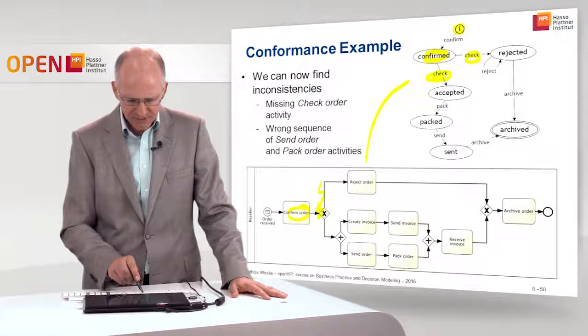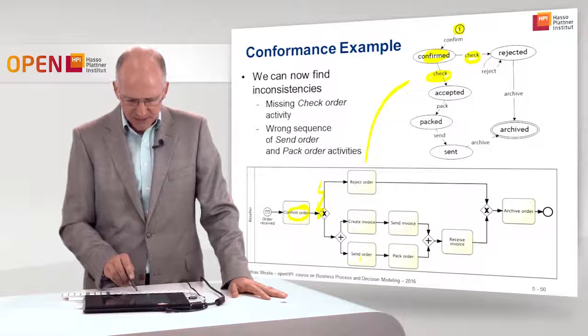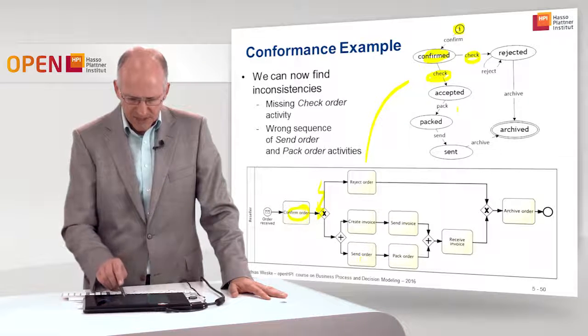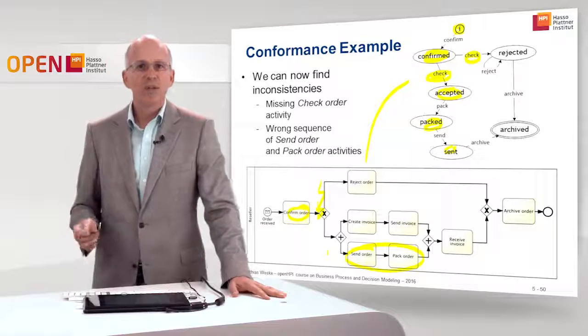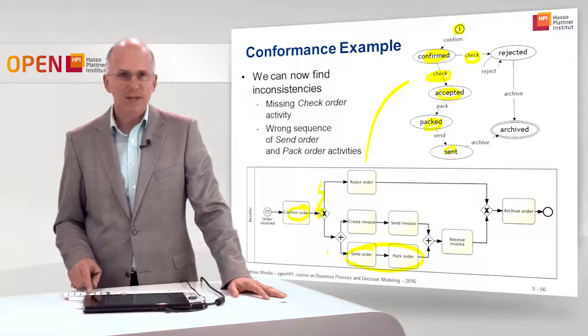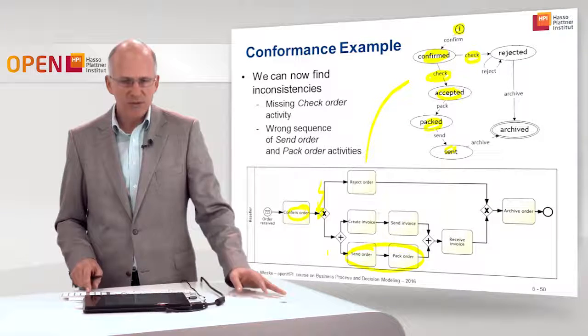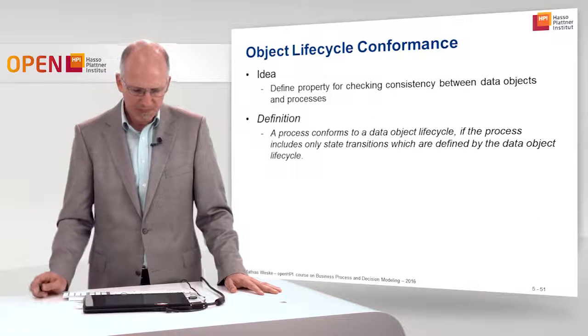The second problem is that the order goes from the accepted state, assuming the check activity was there, to the packed state, and then to the sent state. And of course, we could use that to find the problem in this process diagram, that we first send the order and then only later start packing the order. So these are the types of inconsistencies we are looking at now.